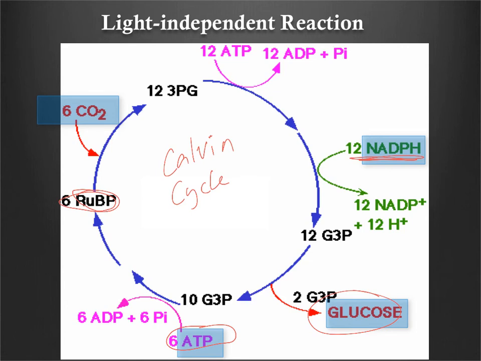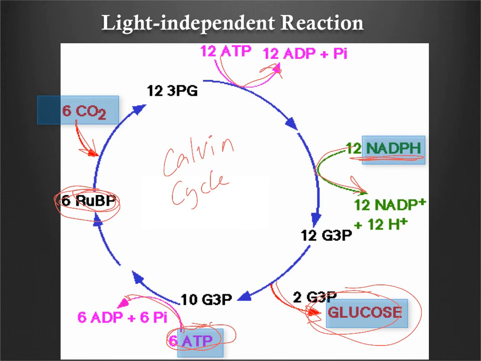Now, we're not going to go through every step on this, but just know that it starts and ends with the same molecule. Carbon comes in, CO2 comes in, ATP is used to provide energy, NADPH is used to provide energy. Glucose is produced, comes out, and ATP is used to provide energy to get back to where we started from, our RuBP.